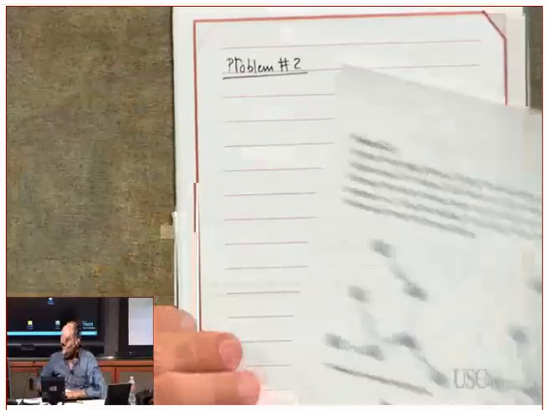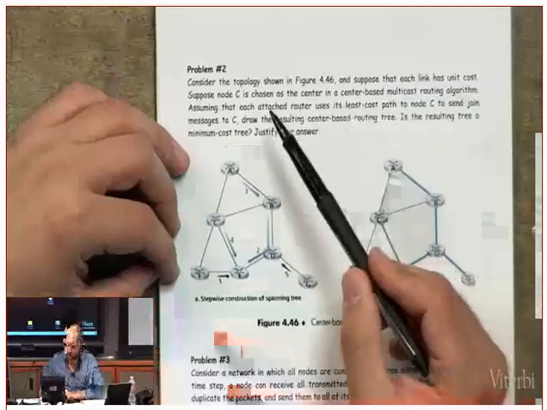So now what is going to happen if we have C as a central node? Whoever wants to join will send. So the neighbors, we focus on C.